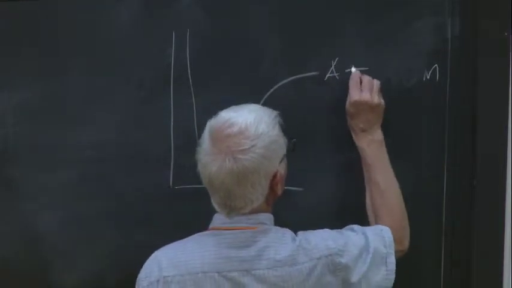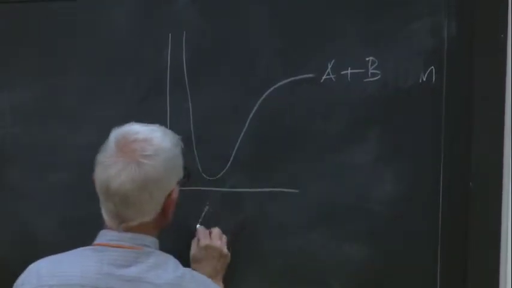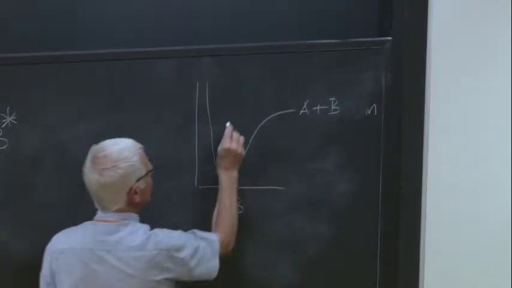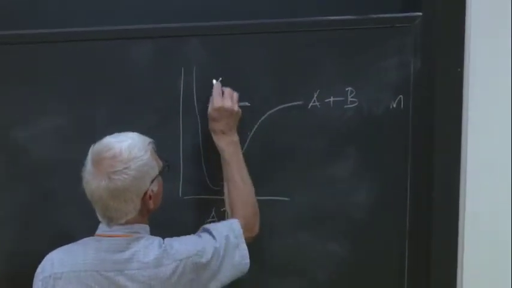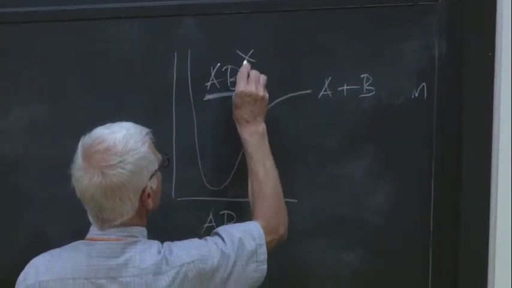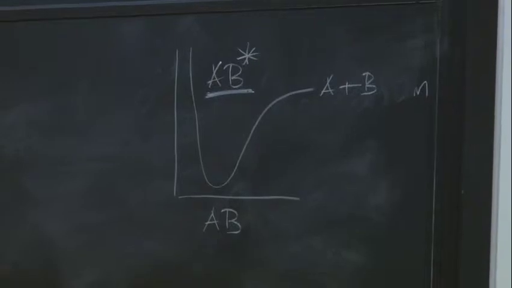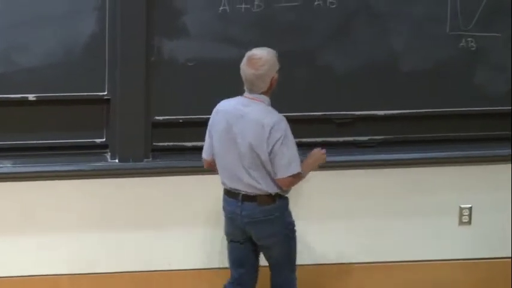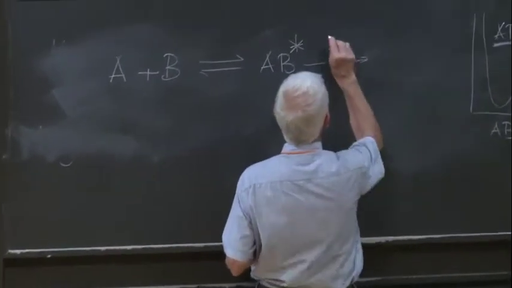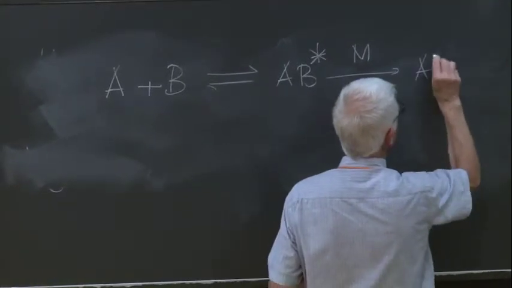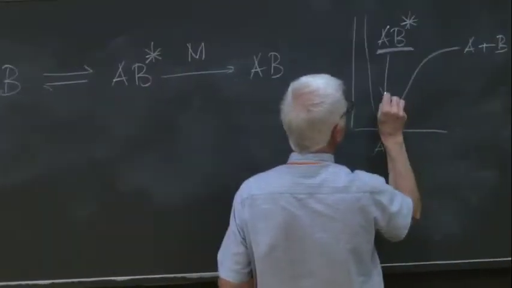So A and B are coming together to form AB. And initially, they form a species AB star, which is up there. And AB star can dissociate rapidly, so it can come back out again, or it can collide with a third body and form AB.